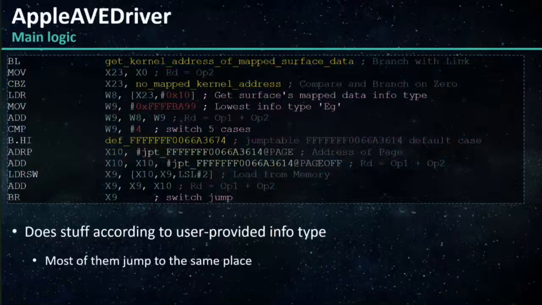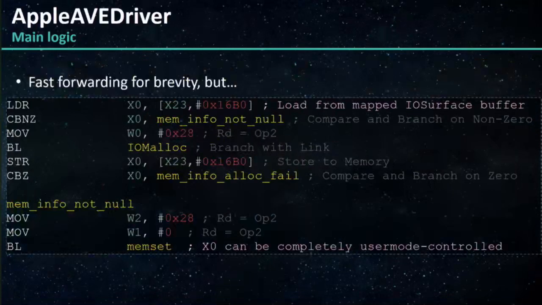What I saw eventually that the kernel does is, X23 is the kernel address of that mapping. It takes some command from X23, then there's a switch case. One of the examples in that switch case is that it takes a kernel address from that mapping and checks if this kernel address is not null.